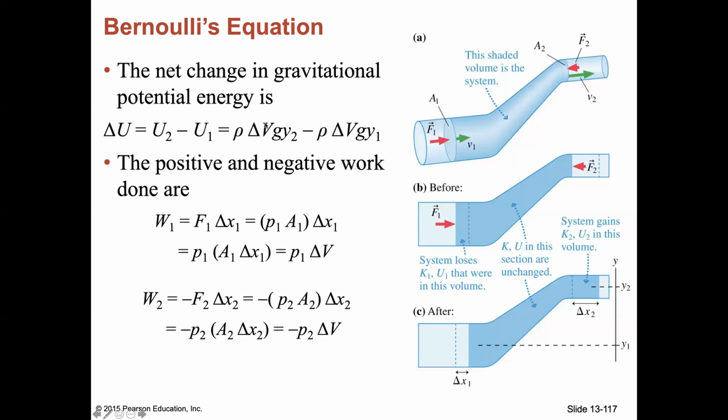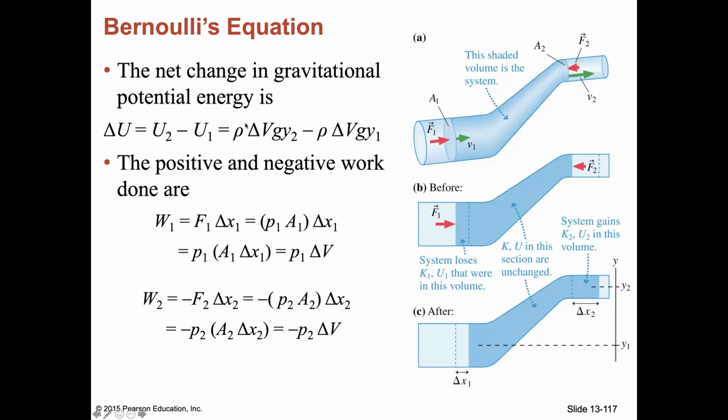It's rho g V, or rho V g y, or it's mgy. So m is the mass, g is the gravitational constant, and y is the height.